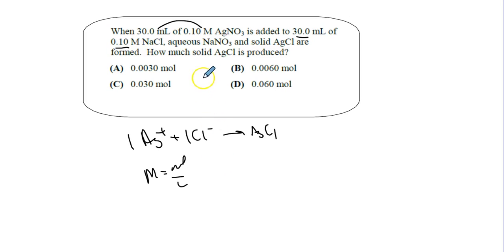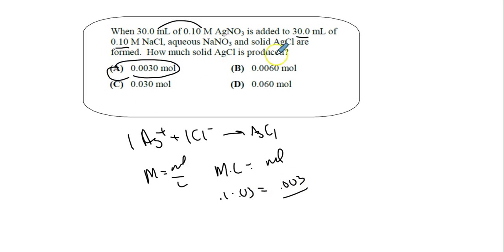And they want this to be in moles, so it's just molarity times liters equals moles. And either one you could use. 0.1 times 0.03 liters is 0.003, and therefore this is the amount of moles of either reactant, and that would also equal your amount of product, because it's a 1 to 1 or 1 to 1. Both of these guys would be the limiting reactants.